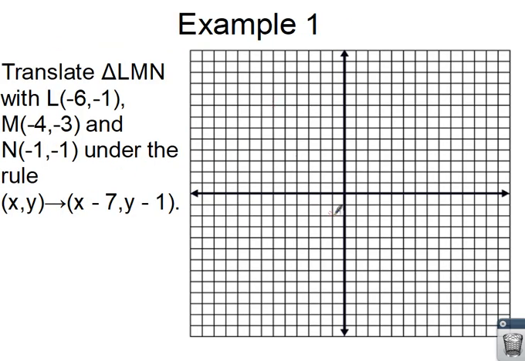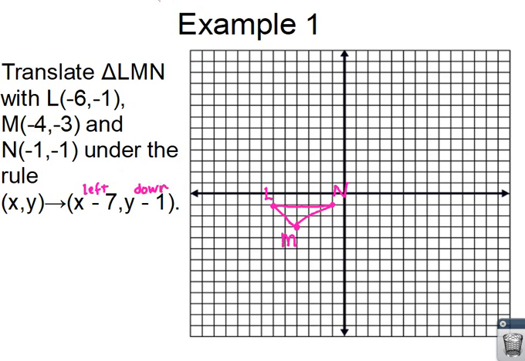All right, so let's do one just to make sure we know what we're doing. So we'll put this on the graph first. L, M, N. All right, and we're going to slide it under the rule x minus 7, y minus 1. So x minus 7 means we go to the left. Y minus 1 means we go down.